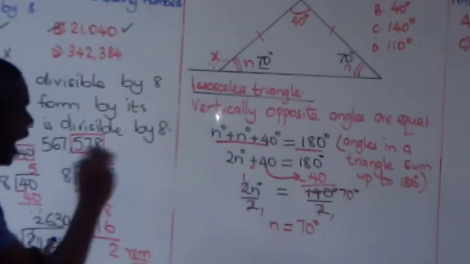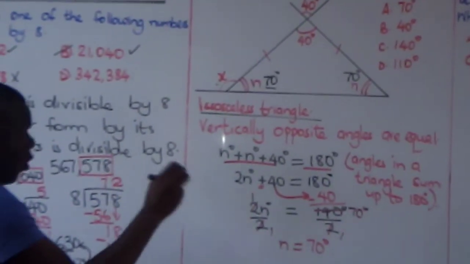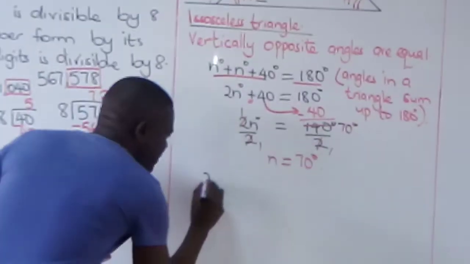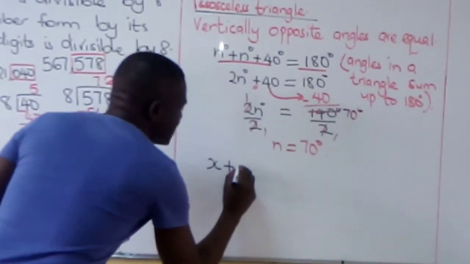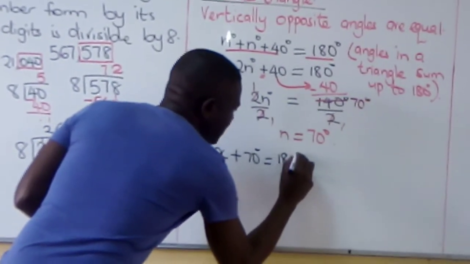That means angles on a straight line add up to 180 degrees. And so we say X plus 70 degrees should give us 180 degrees.